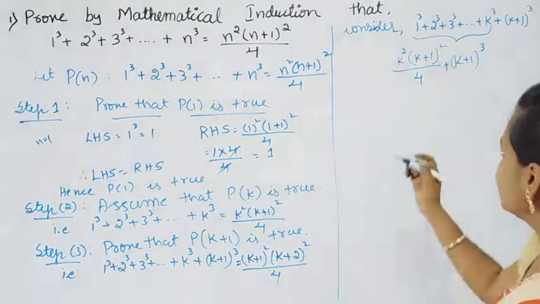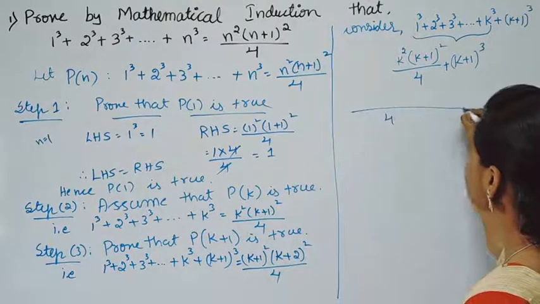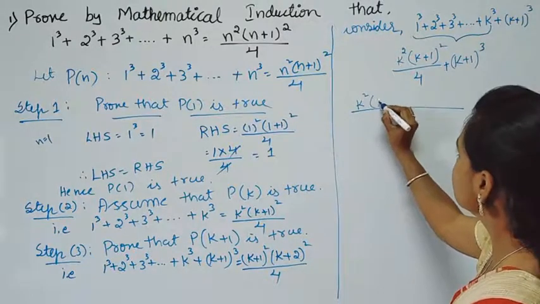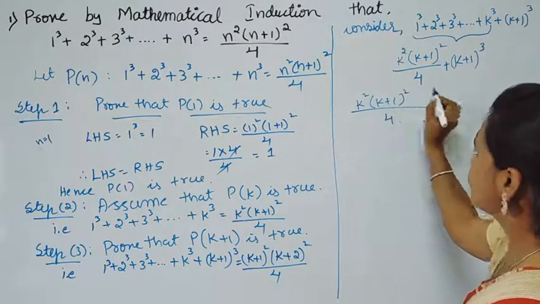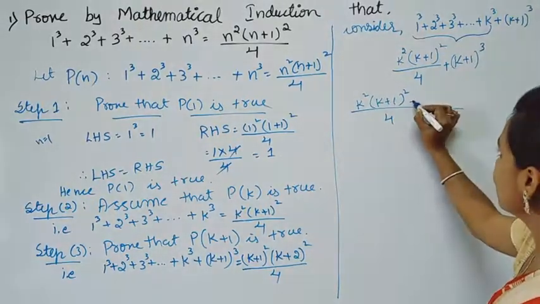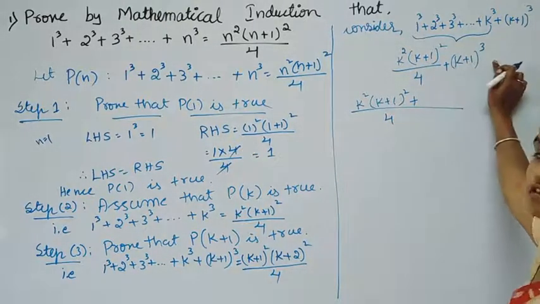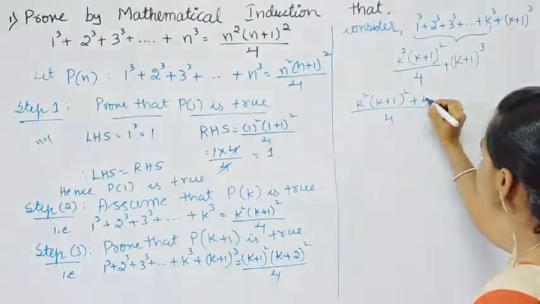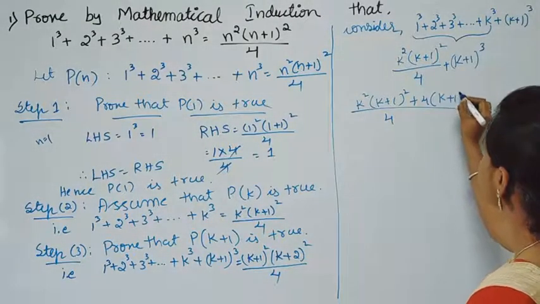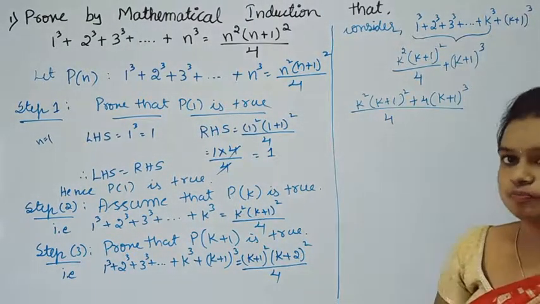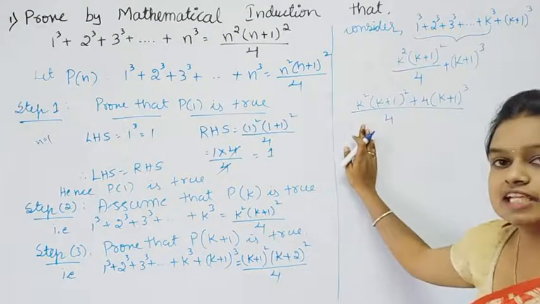Understand? Now take the LCM. 4 is the LCM. So k square (k plus 1) whole square stays as it is, plus 4 into this term, so it becomes 4 into (k plus 1) the whole cube. In this step I take the LCM.